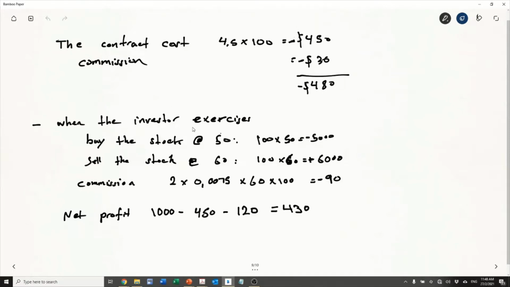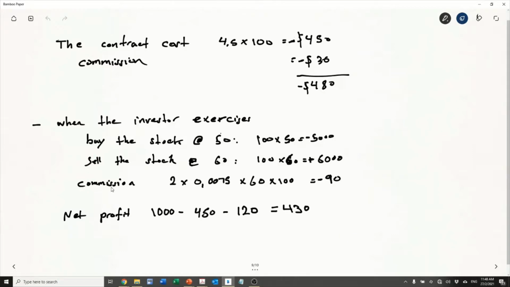Now, when the investor exercises, he will buy the stock at 50. So he will pay 5,000. And then immediately or simultaneously, he will sell the stock at 60. So he will buy it from the short party and he will sell it in the market for 60. So he will receive 6,000. So net, he will receive out of exercising 1,000.